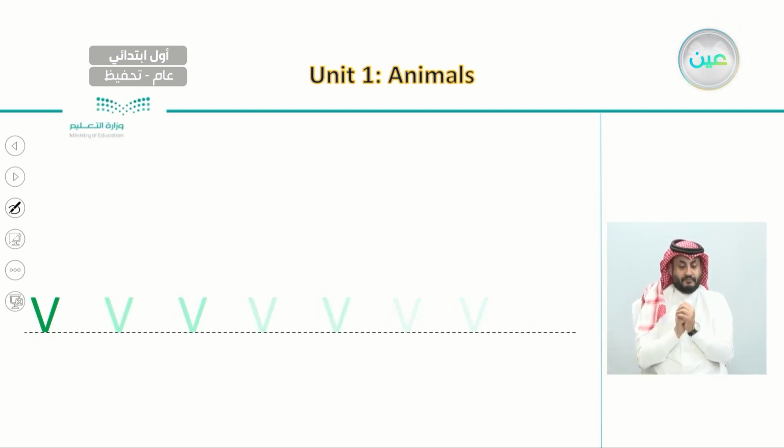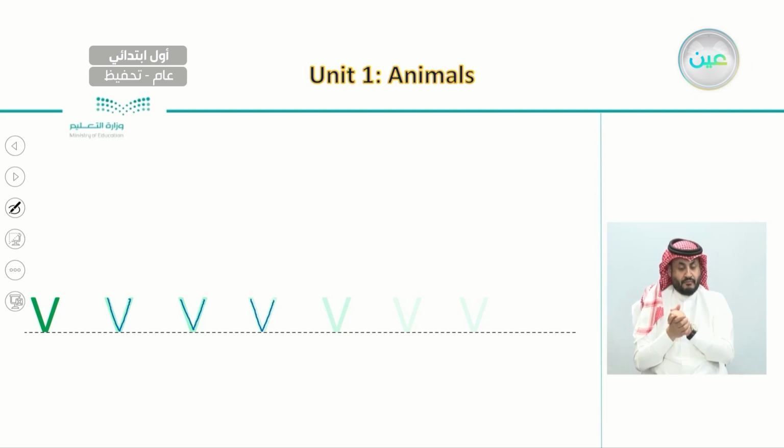Now, moving on to the last letter we have, which is letter V. So here we trace letter V like this, and V is a letter that starts the word vase.